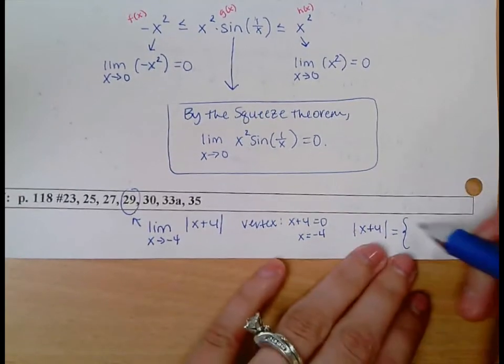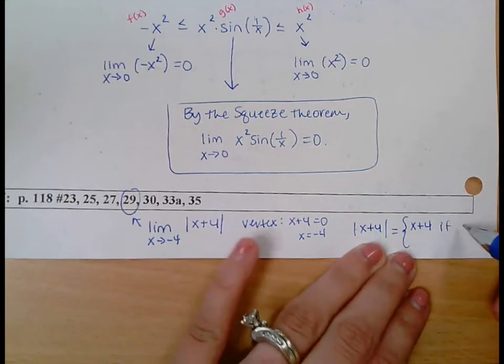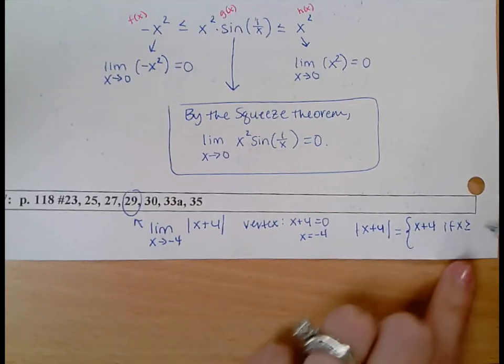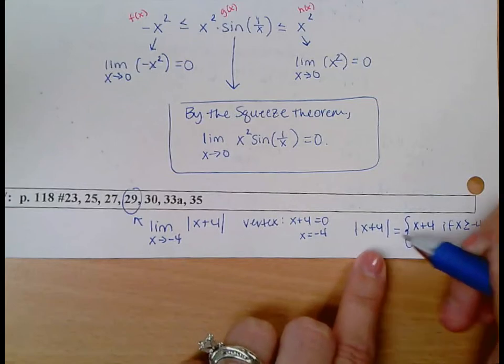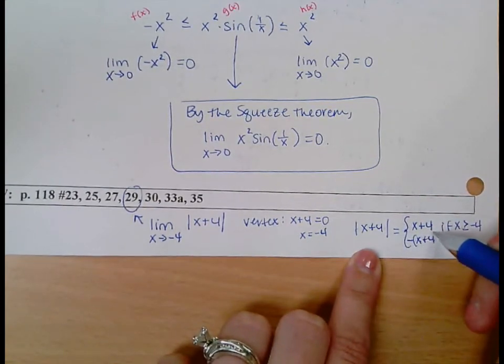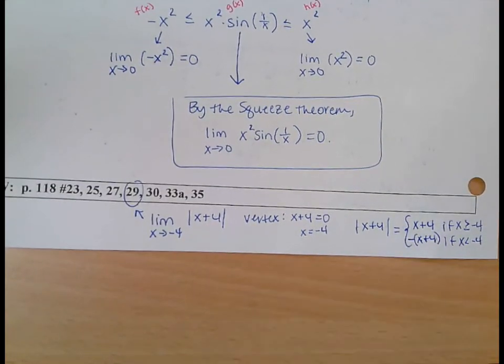So this is going to equal itself, which is x plus 4, if the x values are greater than or equal to the x value of the vertex, which is -4. And then the other expression is going to be the opposite of itself, so the opposite of the quantity x plus 4, if the x values are less than -4.